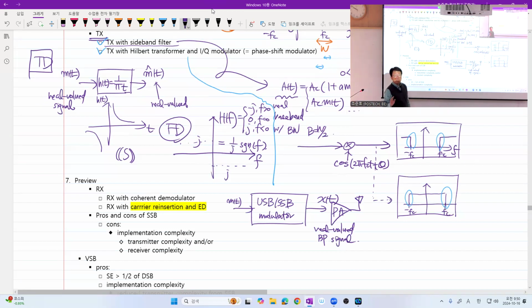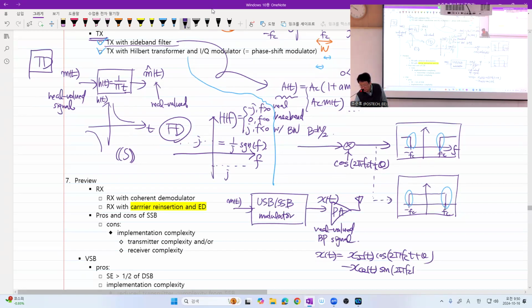What does that mean? This signal in general has an in-phase component and a quadrature component, right? So X of t has some real baseband signal, X_I of t, and some real baseband signal, X_Q of t.